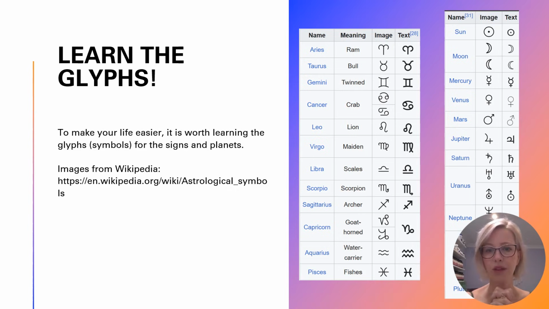Virgo, it looks like an M. I always think of the Virgin Mary, the M. We've got Libra. Scorpio, I always think of Scorpio as a bit devilish. We've got the little point on the tail. Sagittarius, it looks like the archer's arrow.